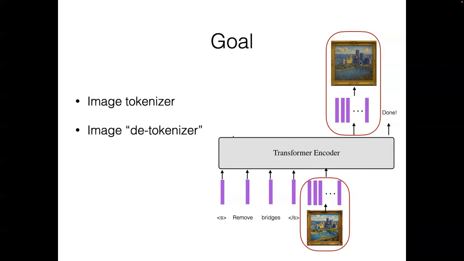At least to me, it sounded kind of crazy the first time I heard about this. Maybe it doesn't sound crazy to you, but hopefully we'll get some understanding of one way that you could do this. Again, the goal for this set of methods is to use a transformer and look like a language model.